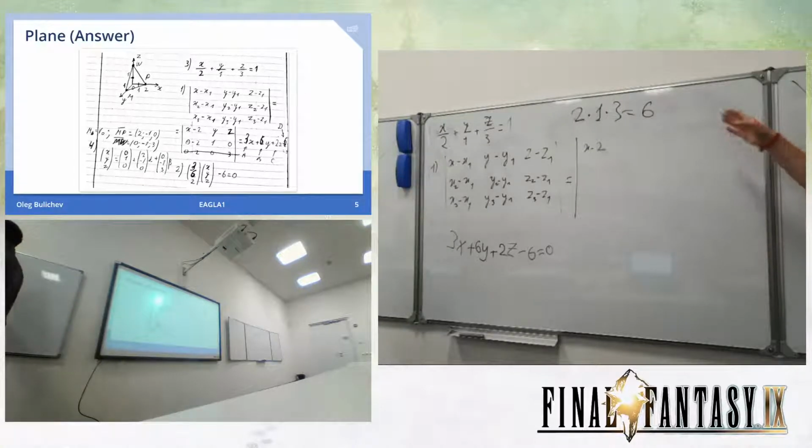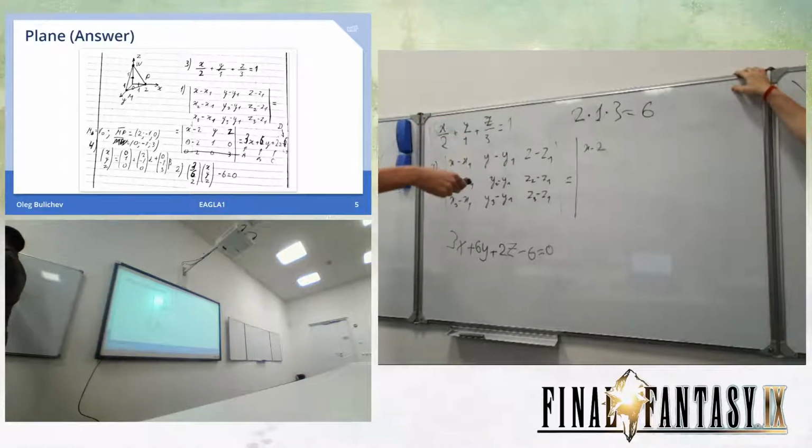Okay, you receive the number. What's your next step? Next step, we multiply all parts of the equation by the number. Okay.